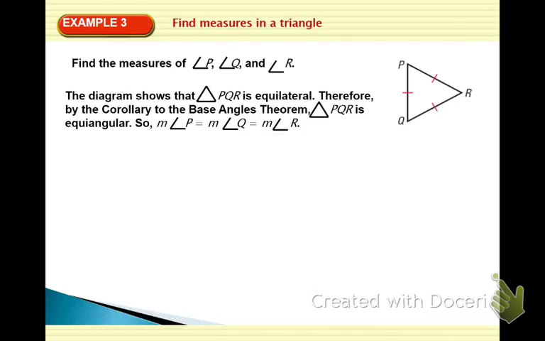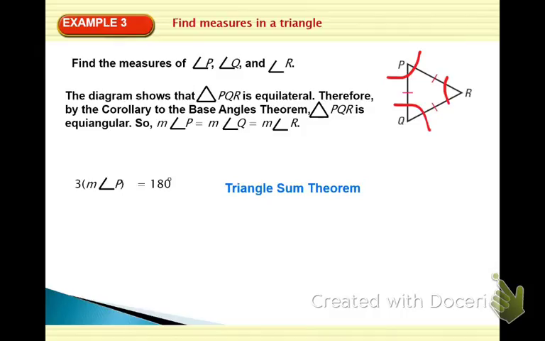Find the measures of P, Q, and R. So the diagram shows that PQR is equilateral. Therefore, by the corollary to the base angles theorem, triangle PQR is equiangular. So angle P would be congruent to angle Q, which is congruent to angle R. So, 3 times the measure of angle P equals 180, since all the angles are congruent.